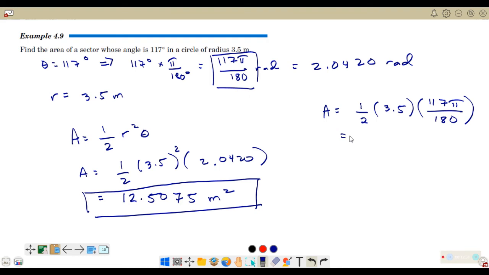1/2 times 3.5. Okay, so we multiply all the numerators.